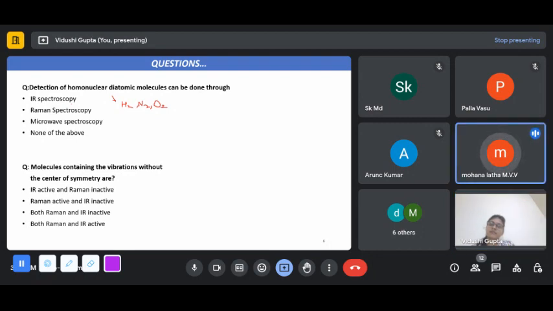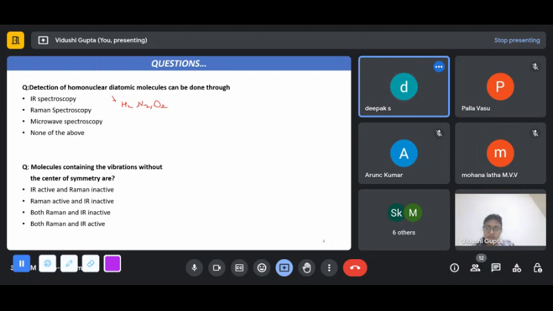Microwave is rotational spectroscopy, ma'am. Microwave is inactive for homonuclear diatomic molecules, right?